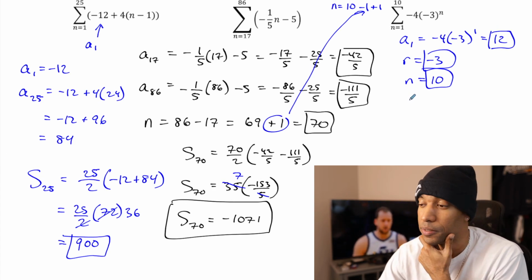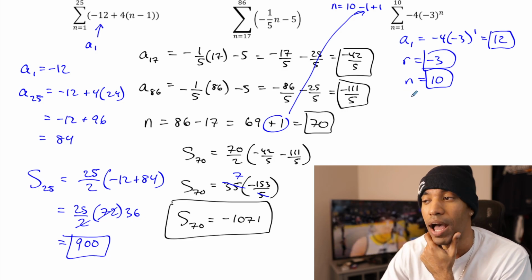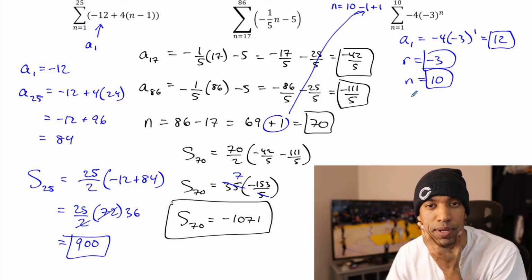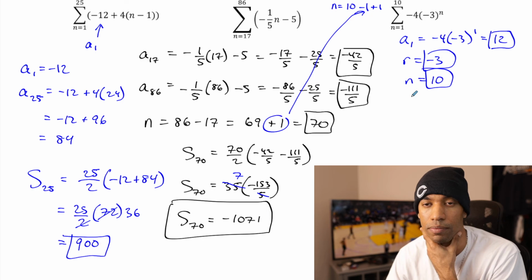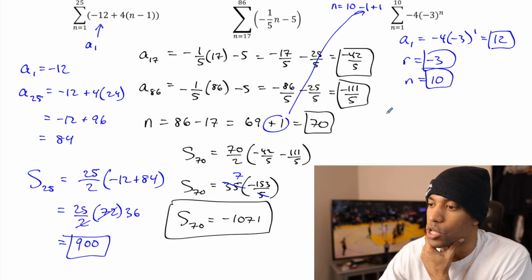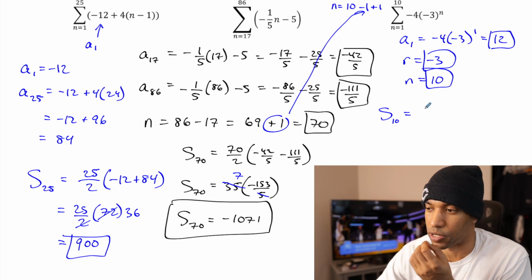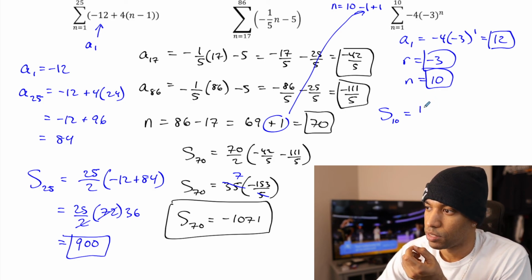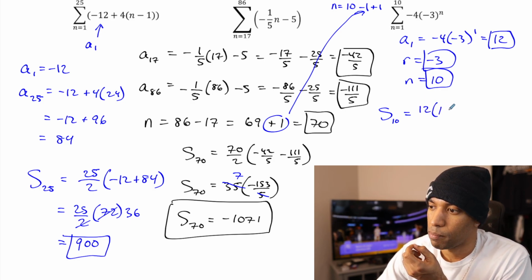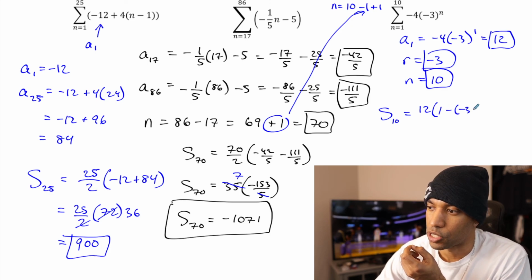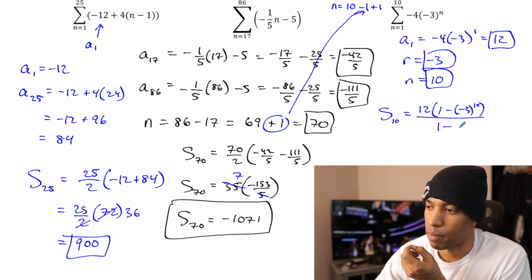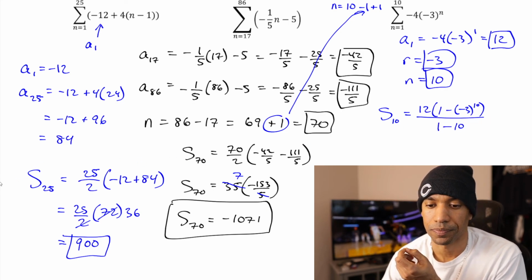It's still going to be a big number. Big negative? Well, actually, I don't know. Is it going to be negative or positive? Because this series alternates, right? So the sum of the first 10 terms of this geometric series is a sub 1 times 1 minus your common ratio raised to the 10th power, over 1 minus your common ratio.